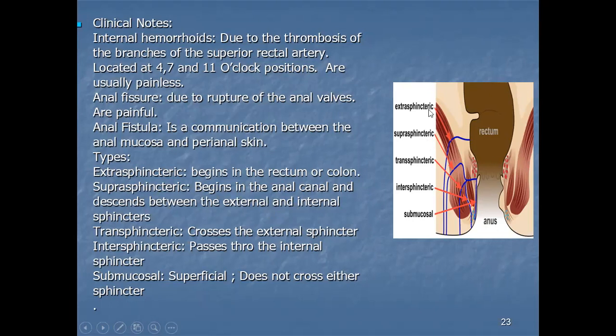So there are different types here: the extrasphincteric, suprasphincteric, transsphincteric, intersphincteric, and submucosal. All these are fistulas. This shows the direction of the fistula. If there is any infection inside, it will drain in different directions into the anal canal. So all these are some of the different types of fistula.